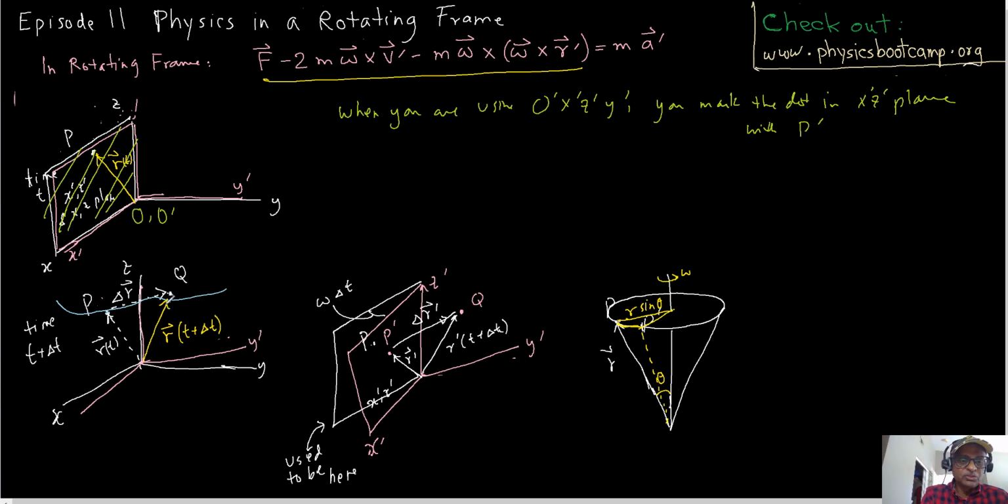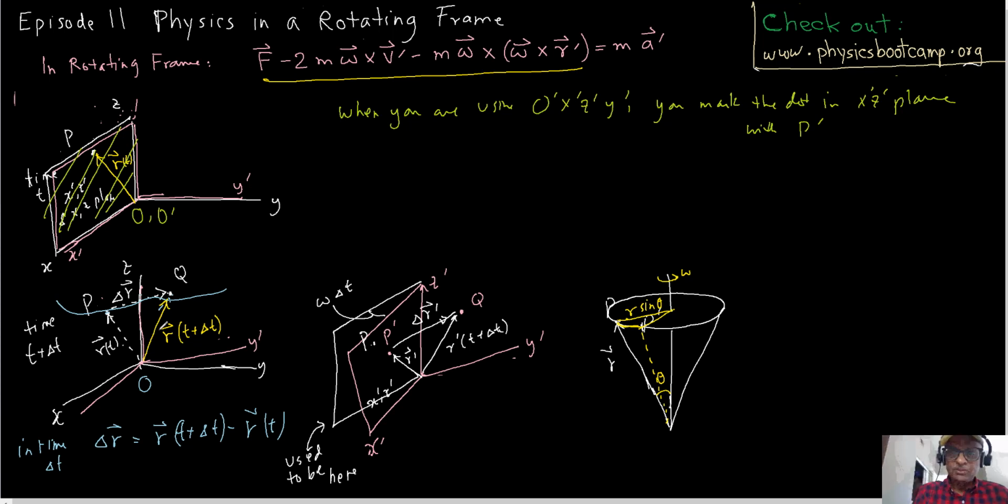So you can write down that in time delta t, delta r is r(t plus delta t) minus r(t). This vector plus this vector equals this vector, so you write it like that, a vector triangle.